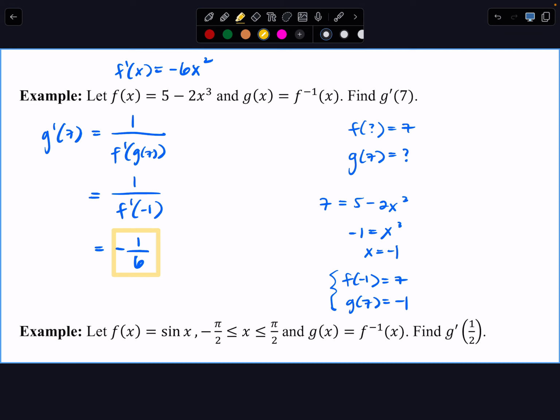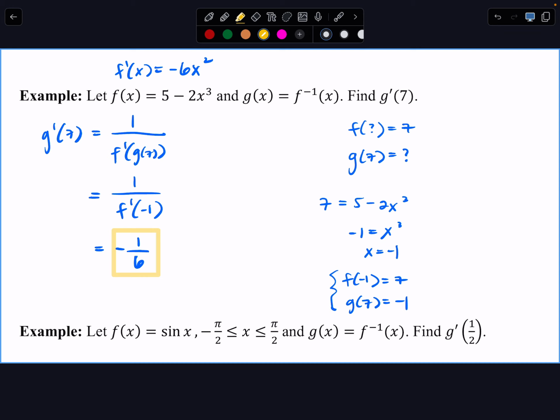So negative 1 equals x cubed, which is still negative 1, because the cube root of negative 1 is negative 1. I dropped a negative sign, but I found it.